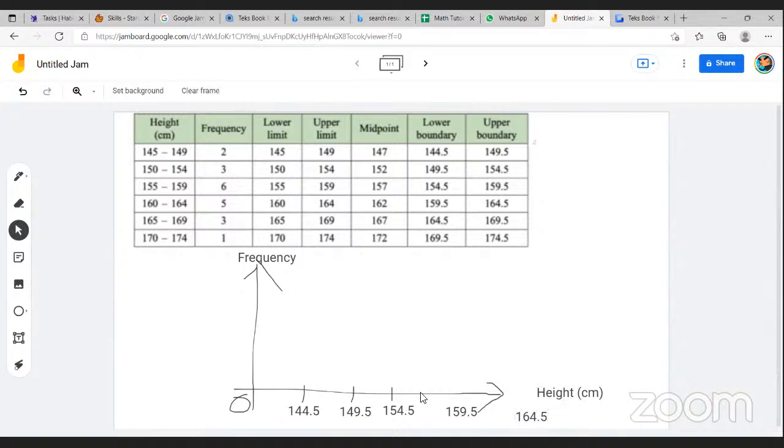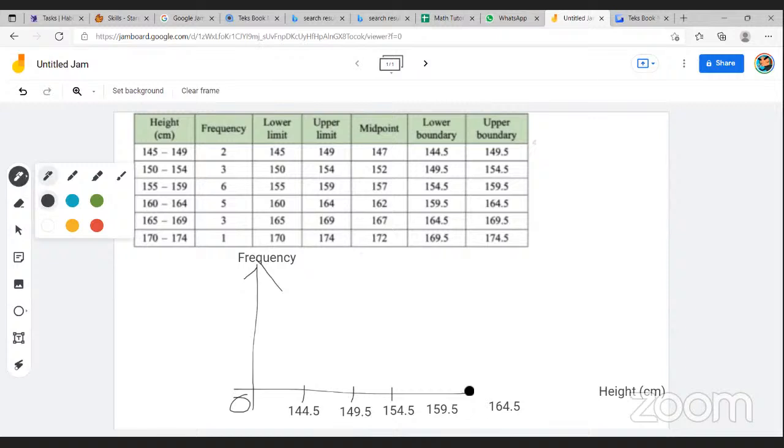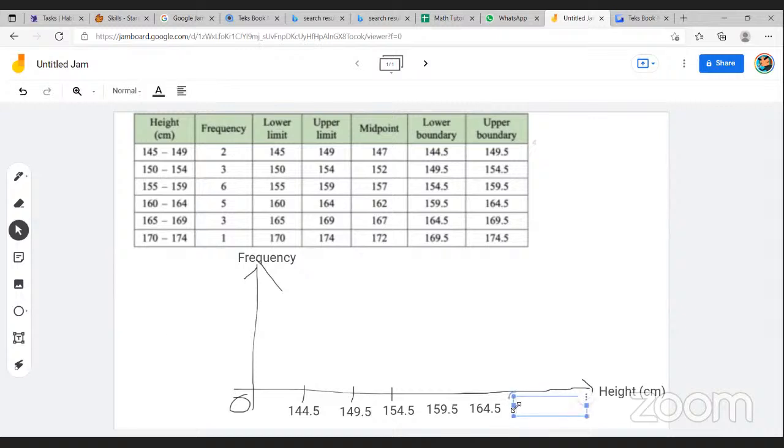You can just keep on repeating this until you do all of the classes. So from here, 169.5, and lastly, we have 174.5.